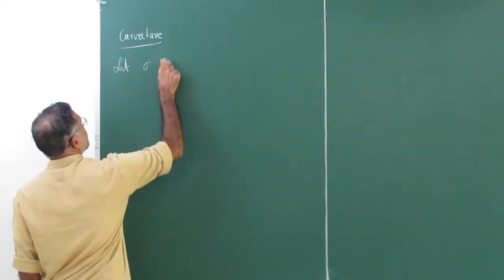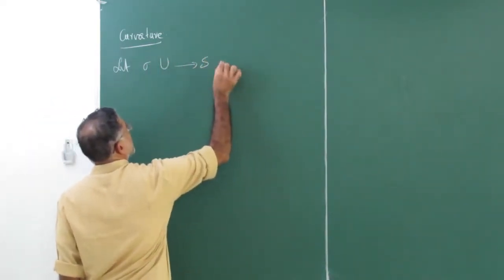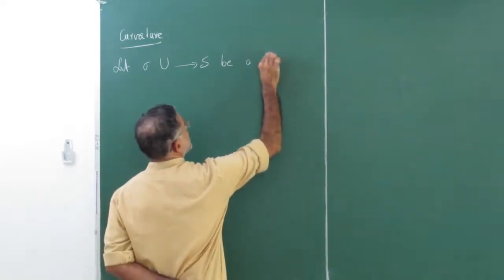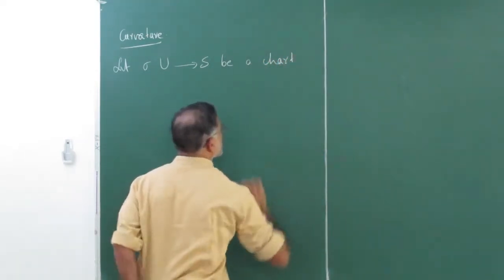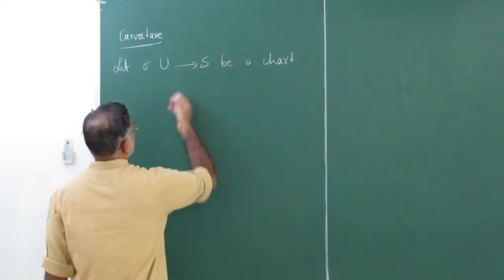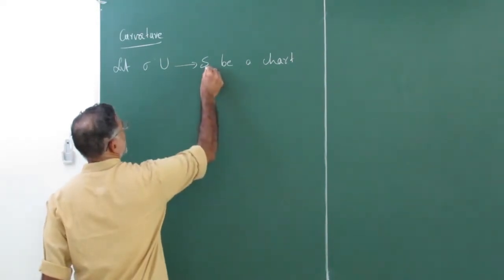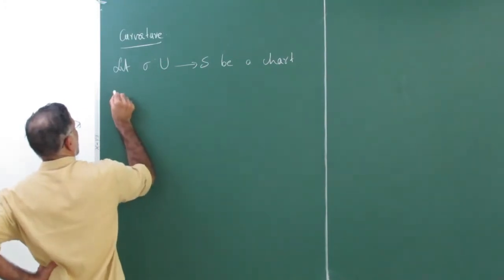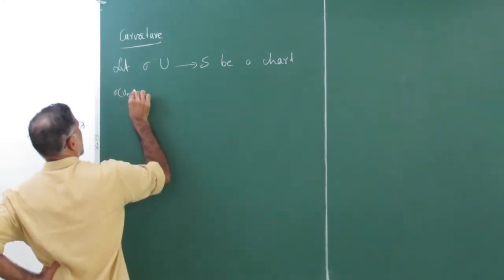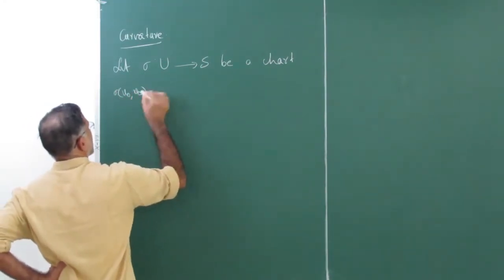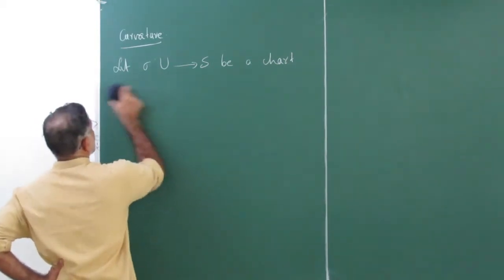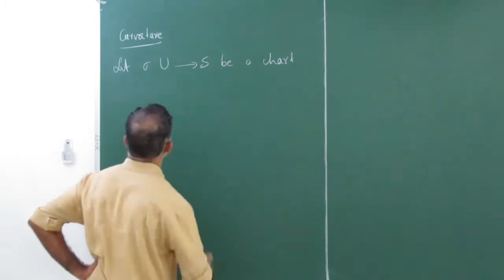Let sigma from U to S be a chart or surface patch, and take a point P on the surface, say sigma of U0, V0 equals P. That is not necessary.